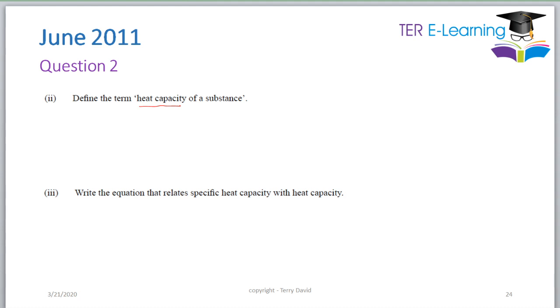So Kendall is saying the amount of energy required to raise the temperature of a substance by 1 degree. That is absolutely correct. Alright.